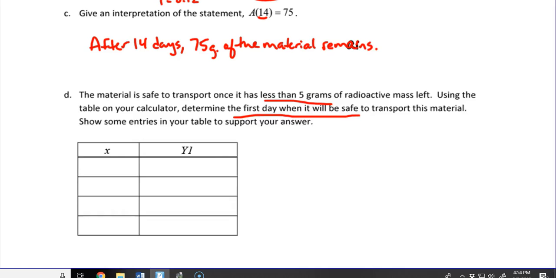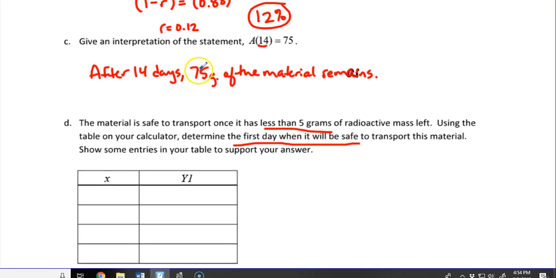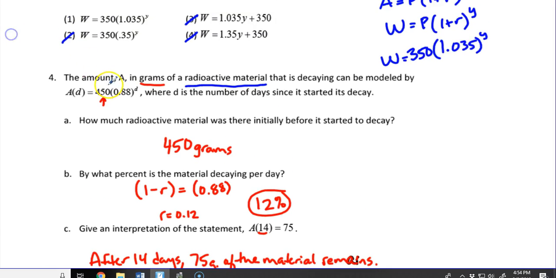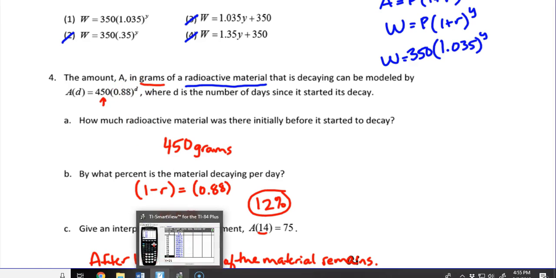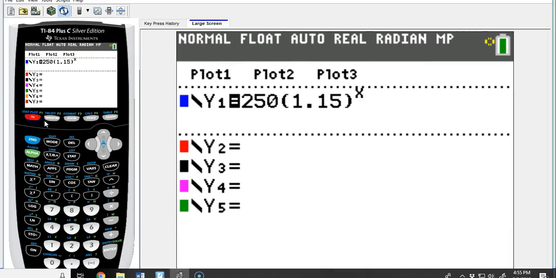So clearly not 14 days, right? Because at 14 days, there's still 75 grams. So we're going to want to enter this function, 450 times 0.88 to the x power. We'll use x instead of d on our calculator. We'll then look at the table.